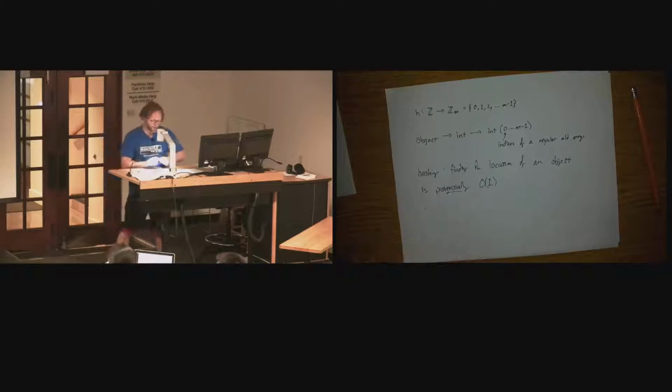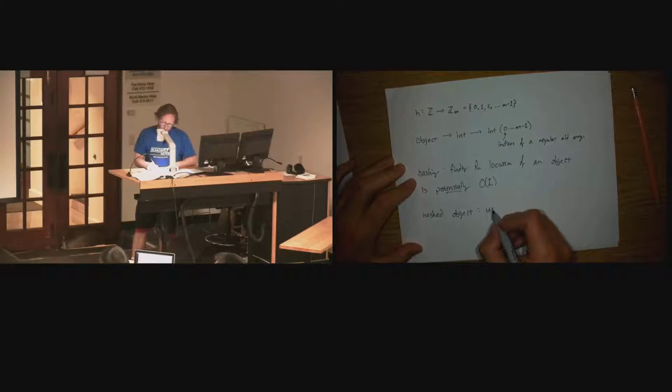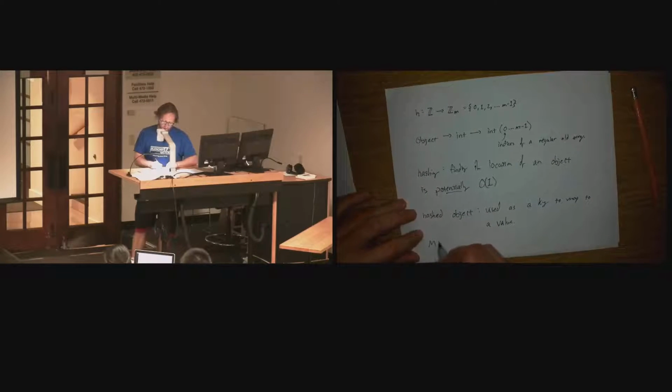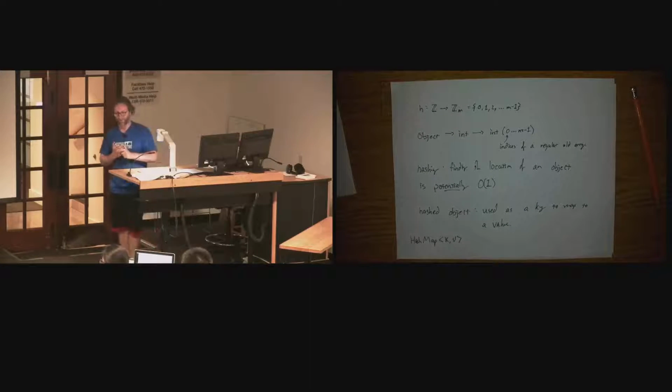So really, the hashed object is typically used as a key to map to a value. And this is why in Java we've got a hash map, or just map in general, that maps a key to a value.